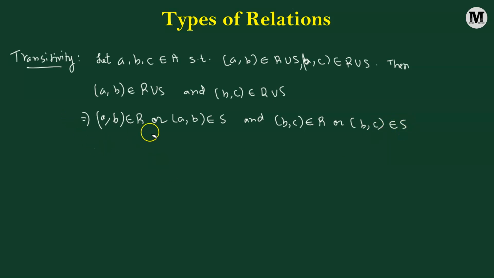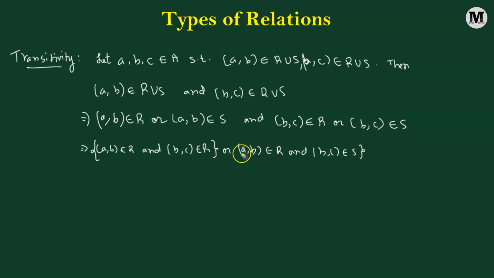Fine. Now, this particular statement gives rise to four scenarios. The scenarios being, we can consider A comma B to be belonging to the relation R, and when we combine the statement, we can consider B comma C to be belonging to the relation R. So this is one possibility. Or we can consider the ordered pair A comma B to be belonging to the relation R, and B comma C to be belonging to the relation S. So this is the second possibility.